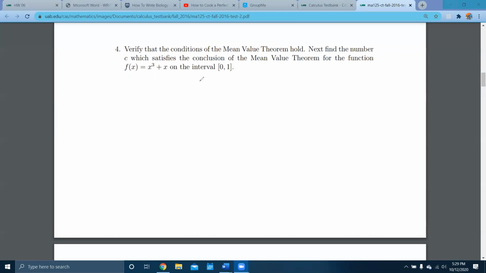So the first thing of the mean value theorem is, the function f of x is a polynomial.